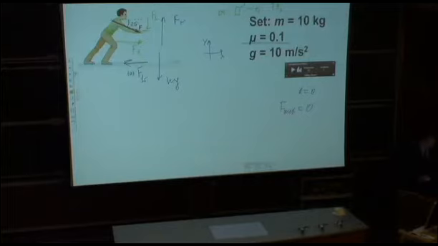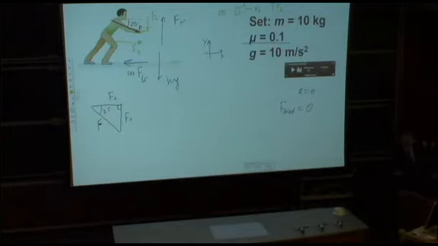Well, geometry, of course, tells us how these components are related to the actual force. 90 degrees, 25, F. Well, we don't know it, but it doesn't matter, because when we solve a problem, when we write equations, when we analyze connections, it doesn't matter what we know or what we don't know.